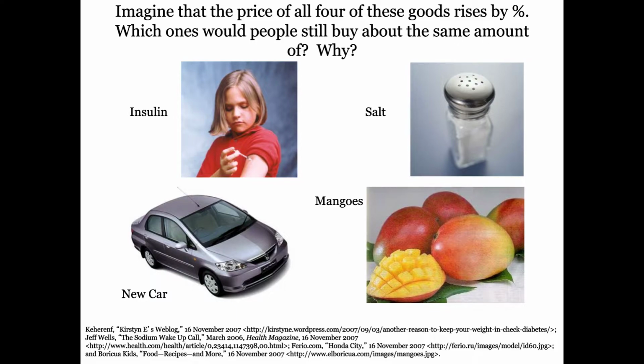So if the car gets more expensive, people might switch to another type of car or another type of fruit. With salt also, if the price goes up, it's something that we have to have. We can't really live without salt, or we don't want to. We have to have flavor in our food. So, again, if the price goes up by 10%, the quantity will not fall that much.